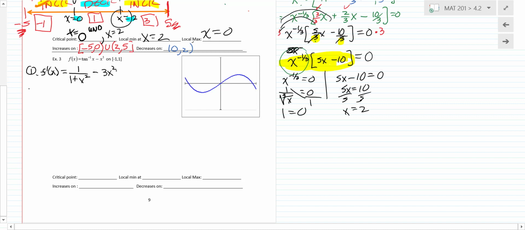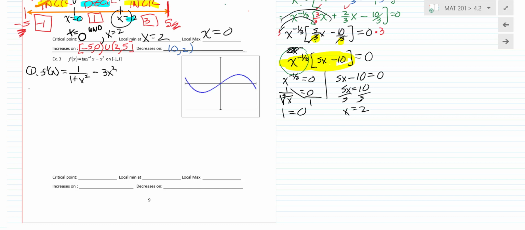Now, two things you've got to pay attention to. I'm trying to stress the undefined because that's where students forget. Look at this derivative. Is that derivative ever undefined? No, you can't have a negative 1. If you square something, you're going to get a positive, right? Or you could get 0, but 1 plus 0 is 1.